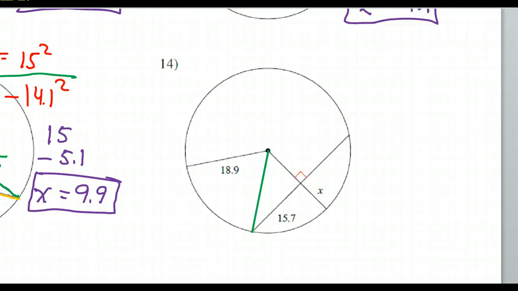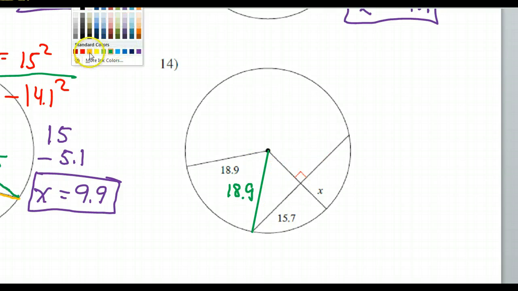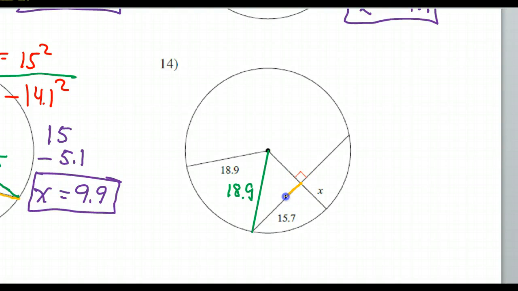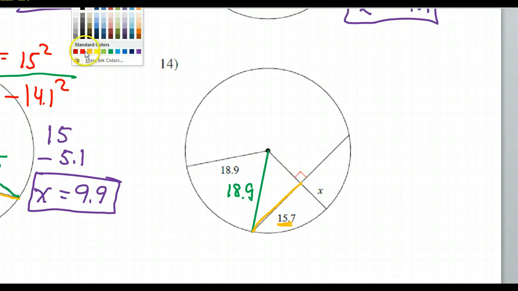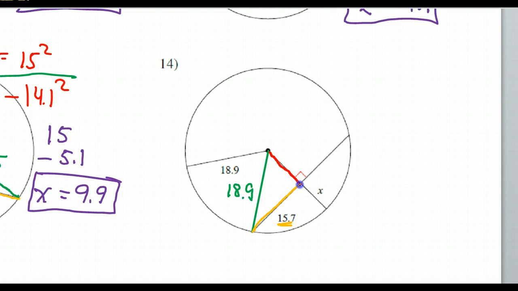So I know that since all the radii are the same, this green radius will be 18.9, just like the original radius was. You can see that this side of the triangle is 15.7 because it's right here. And we can find this side of the right triangle, and we can call it y.